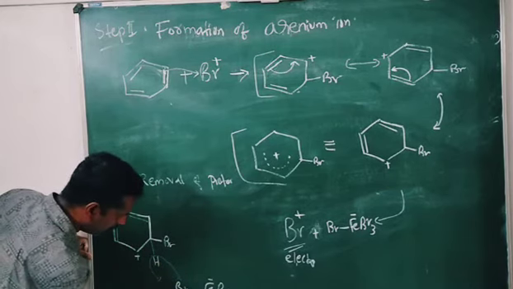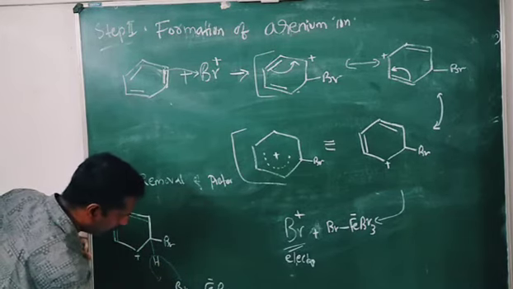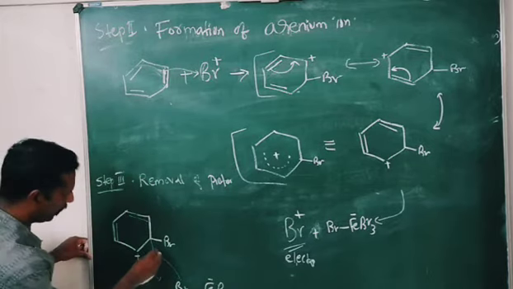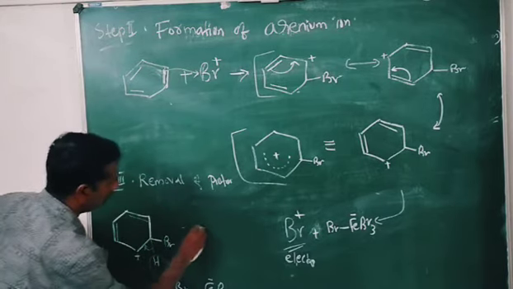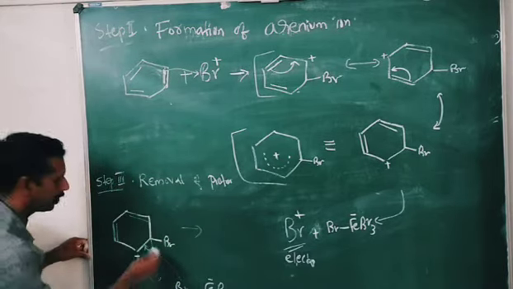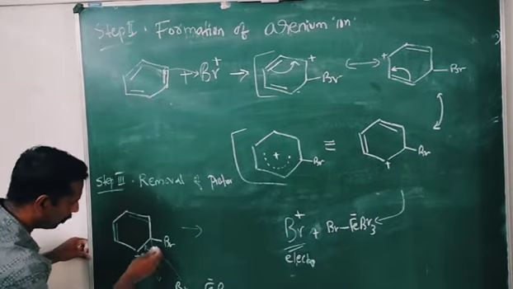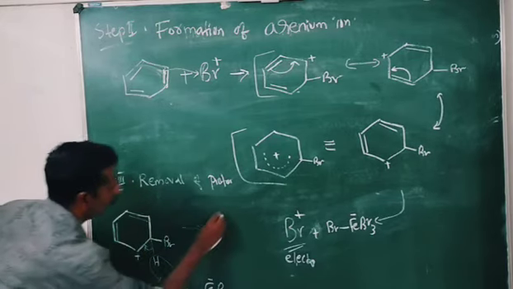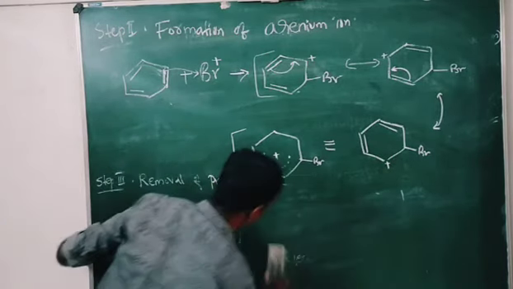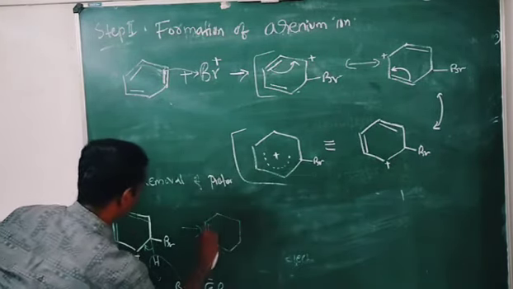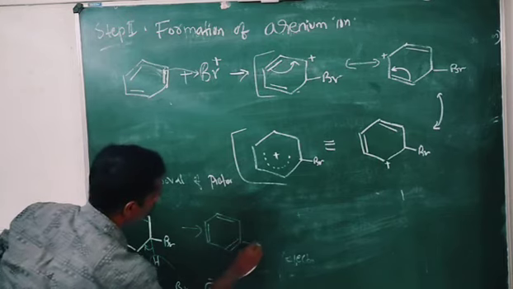Simultaneously this bond breaks from FeBr3. Then this bond will be shifted between these two carbons. Or no need to make such complication. The CH bond breaks from hydrogen and it is shifting to here. So you are getting the final product. What is that? Here is a double bond, here is a double bond, here is a double bond, and here it is Br.